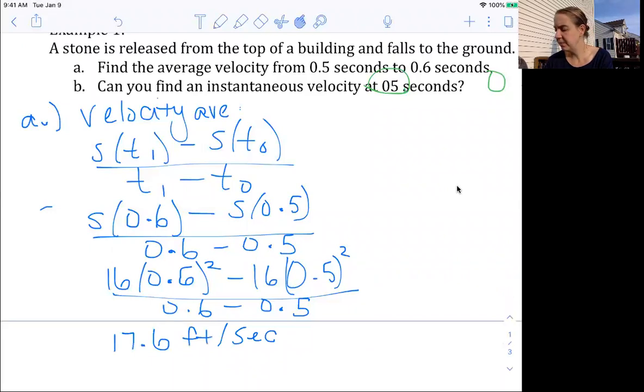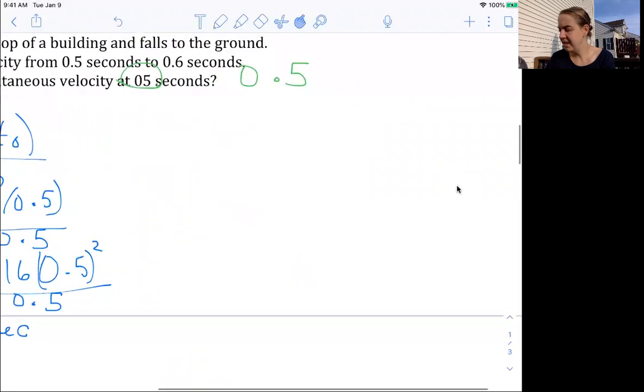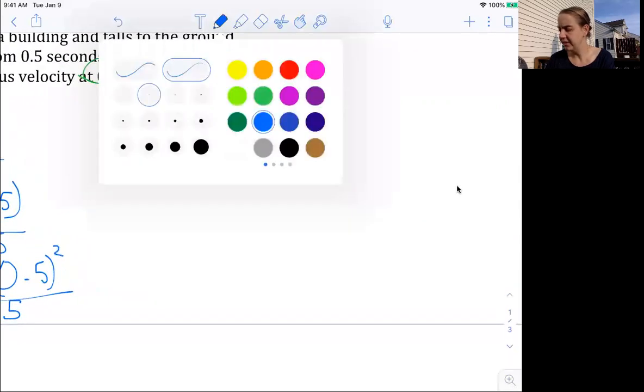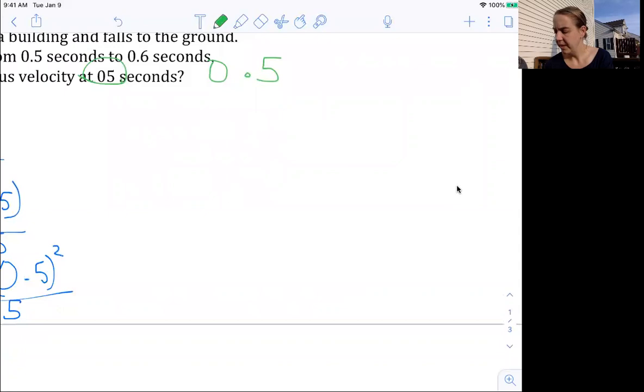So what we need to do for part B is the same thing that we did in part A, but over smaller and smaller intervals. So for part B, you have to decide the intervals. I didn't tell you what they were. You have to pick them. So we can't remember what I've used in years past, but maybe we'll use 0.4 to 0.5.